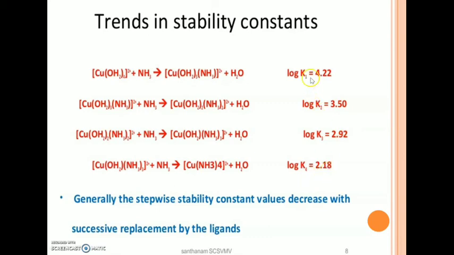From this we can generally say that K1 is always higher than K2, which is higher than K3, which is higher than K4. That means the first stability constant is always the highest and its value decreases in each step. That's all about stability of complexes. Thank you.